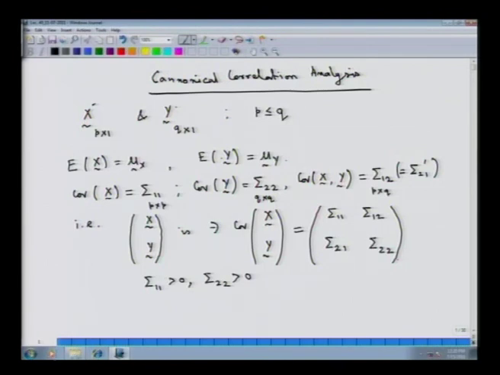Now, as I said, the basic concept in canonical correlation analysis is we look at such random vectors, p dimensional x and a q dimensional y, and then try to explain the correlation structure of these two random vectors. Now, what will be the correlation from here?